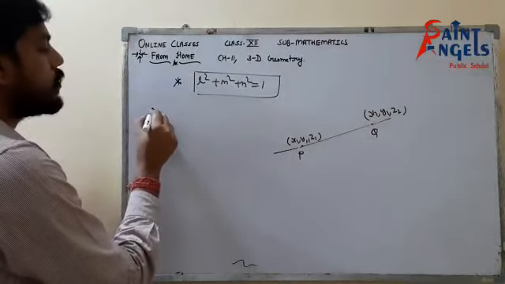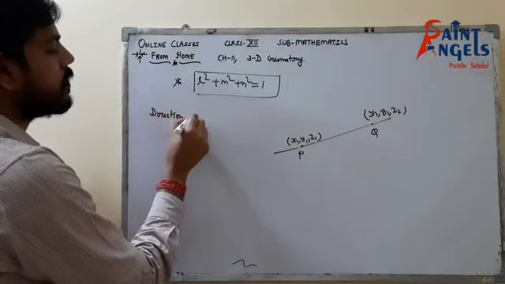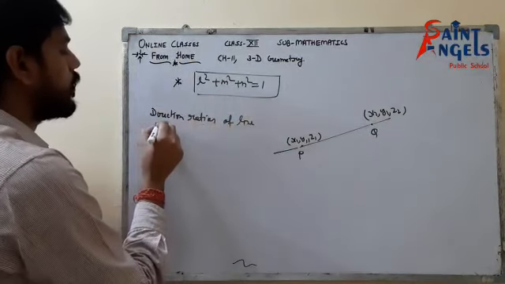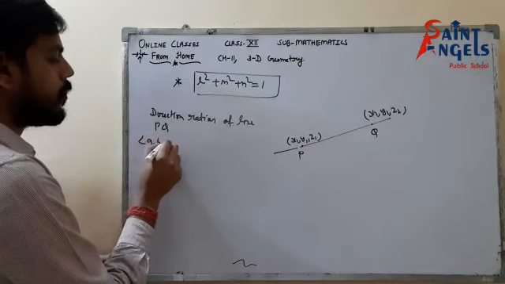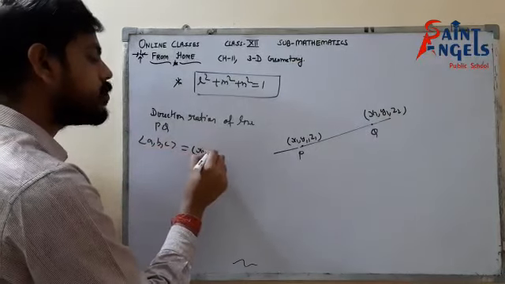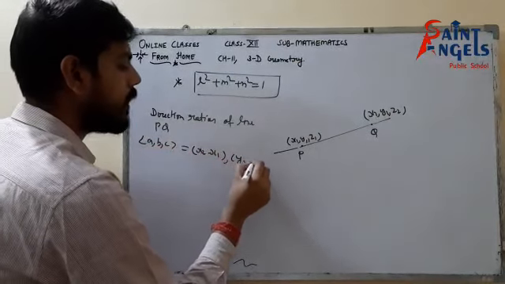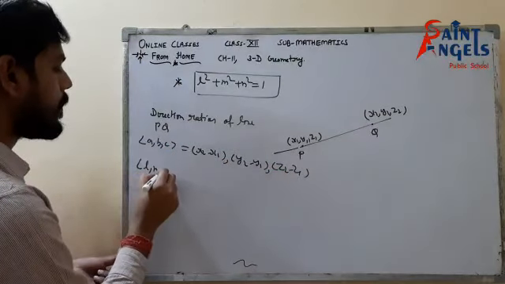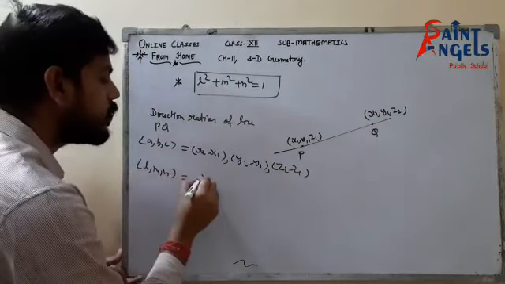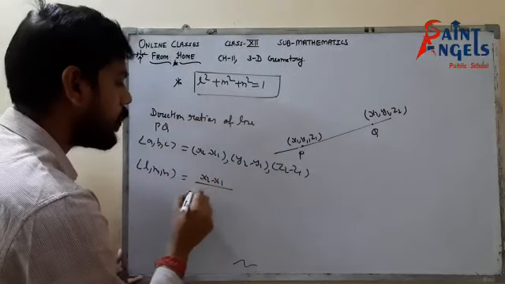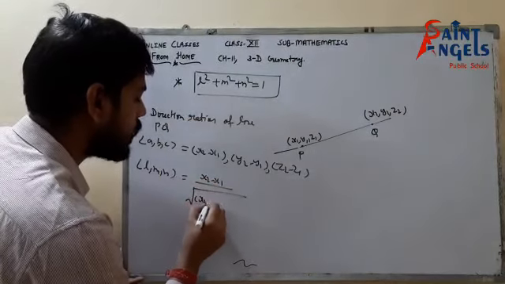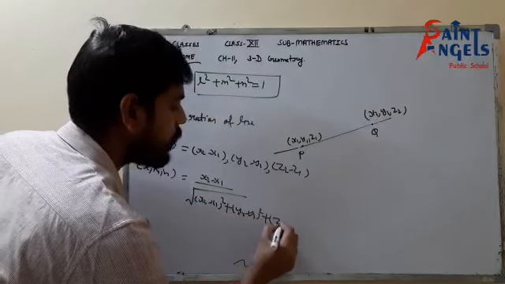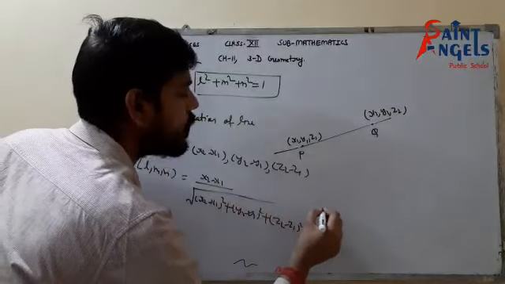Then the direction ratios of line PQ, that is a, b, c, are x2 minus x1, y2 minus y1 and z2 minus z1. Hence l, m, n would be x2 minus x1 upon the square root of (x2 minus x1) squared plus (y2 minus y1) squared plus (z2 minus z1) squared, and similarly the other two.